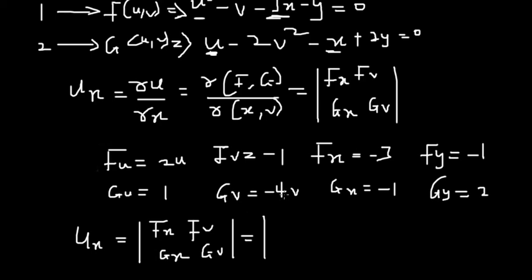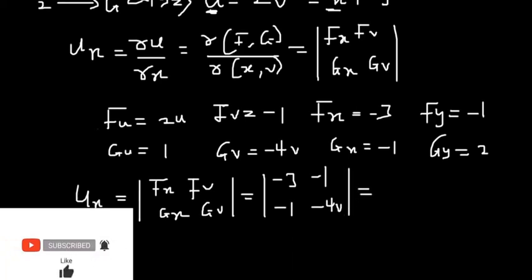So we know that f of x is -3. f of v is -1. g of x is -1. And g of v is -4v. Right, so from here, you could just find the determinant, multiplying across.